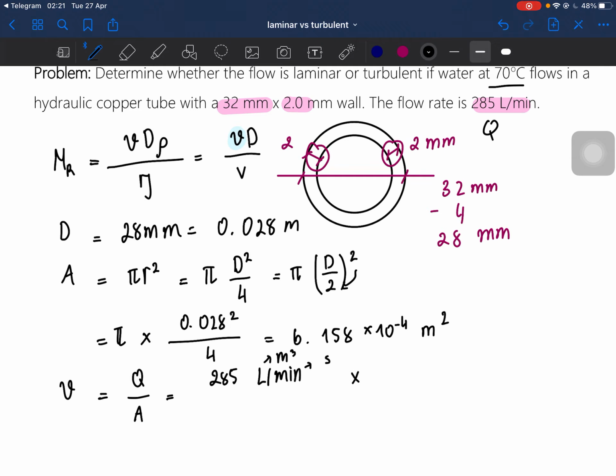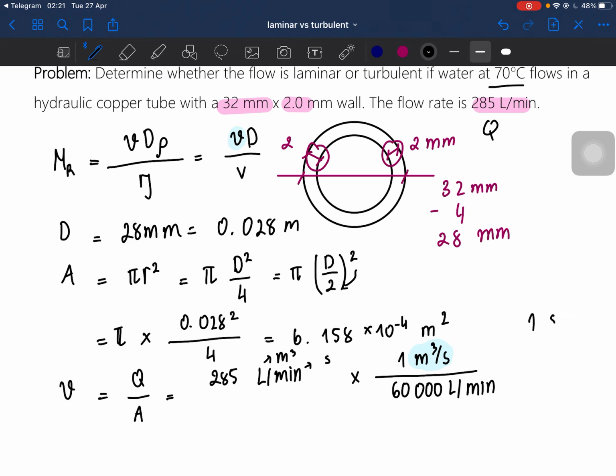So we can convert this as 1 meter cube per second, which is the unit that we are aiming for, over 60,000 liter per minute.